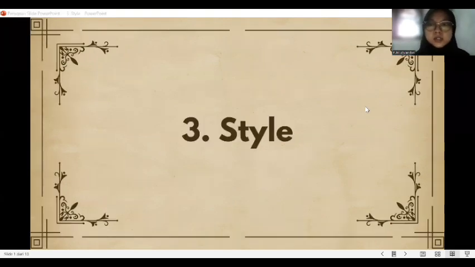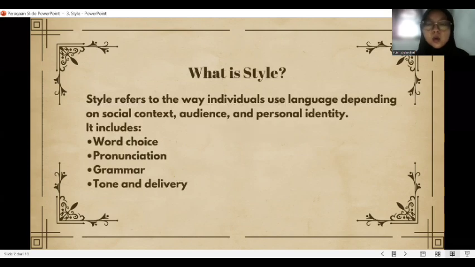And topic 3 is style. What is style? Style refers to the way individuals use language depending on social context, audience, and personal identity. It includes word choice, such as formal versus casual words, jargon, or slang.